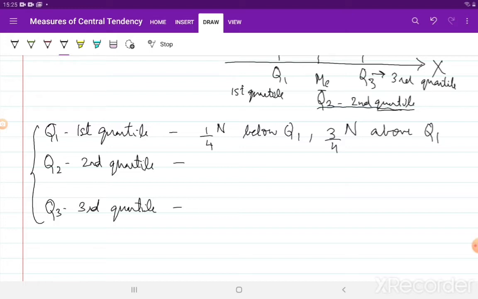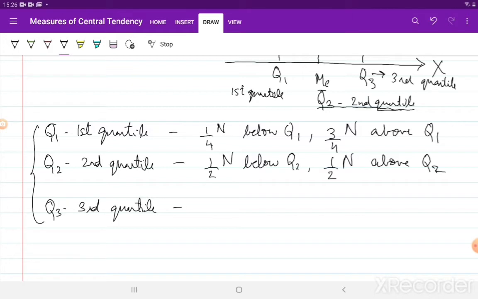The second quartile or Q2 is that value of the variable such that half of the total observations lie below Q2 and half of the observations lie above the second quartile.